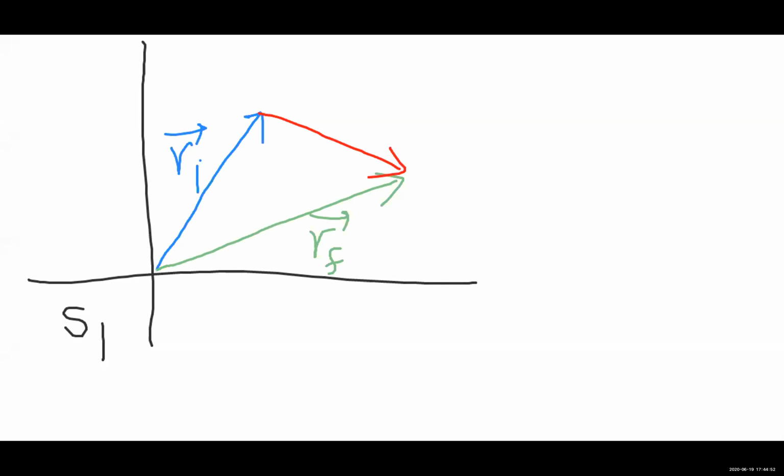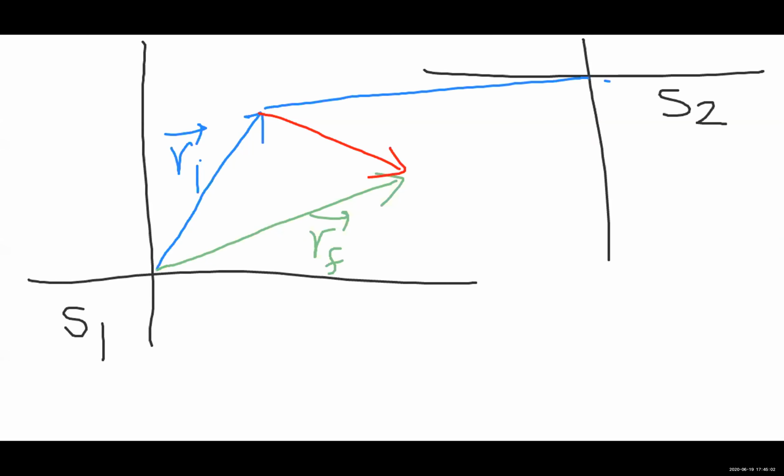Now, if I were to look at this problem from another frame of reference, let's say S2, then the initial position vector of the particle would be this. Let me call this Ri dash. And the final position vector of the particle would be this.